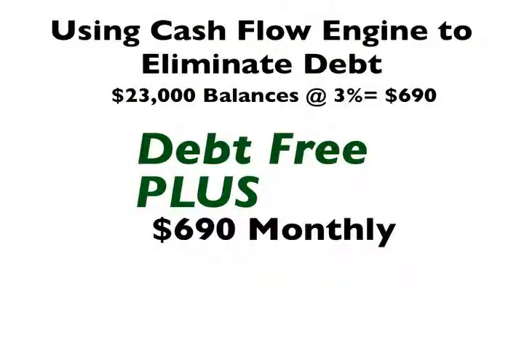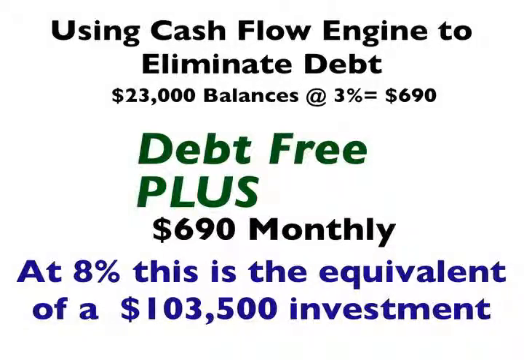So now you're completely debt-free, and you still have your cash flow engine. Remember, we still have $690 a month of cash flow available to us. Now, if you took that $690 per month and you were to back that into an investment at 8% interest, that would be the equivalent of a $103,500 investment.